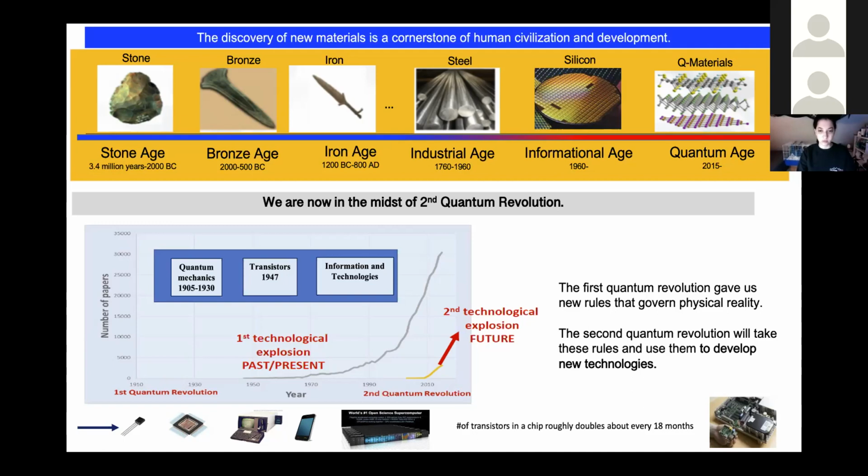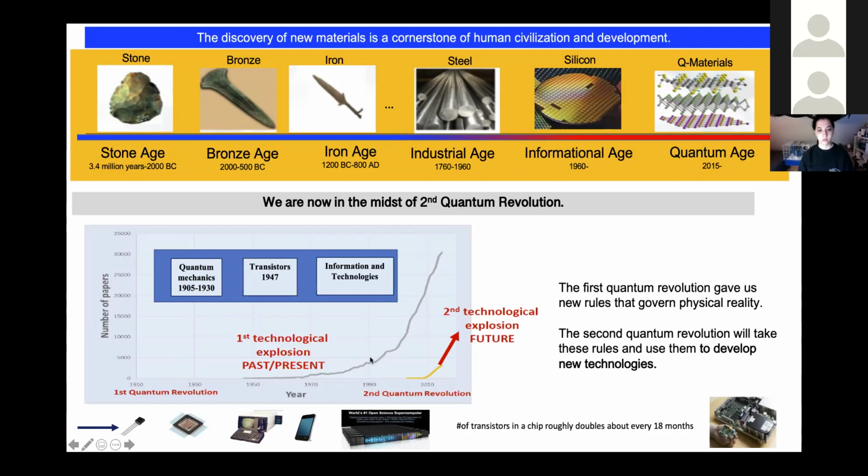This is a relatively new field of physics, only developed in the beginning of the 20th century, but it has had a huge impact on the way we live now. Quantum mechanics led to the development of semiconductors, and that led to transistors, then integrated circuits, and then computer technology, which completely changed the way we study, the way we live, and the way we work in the modern world, right?